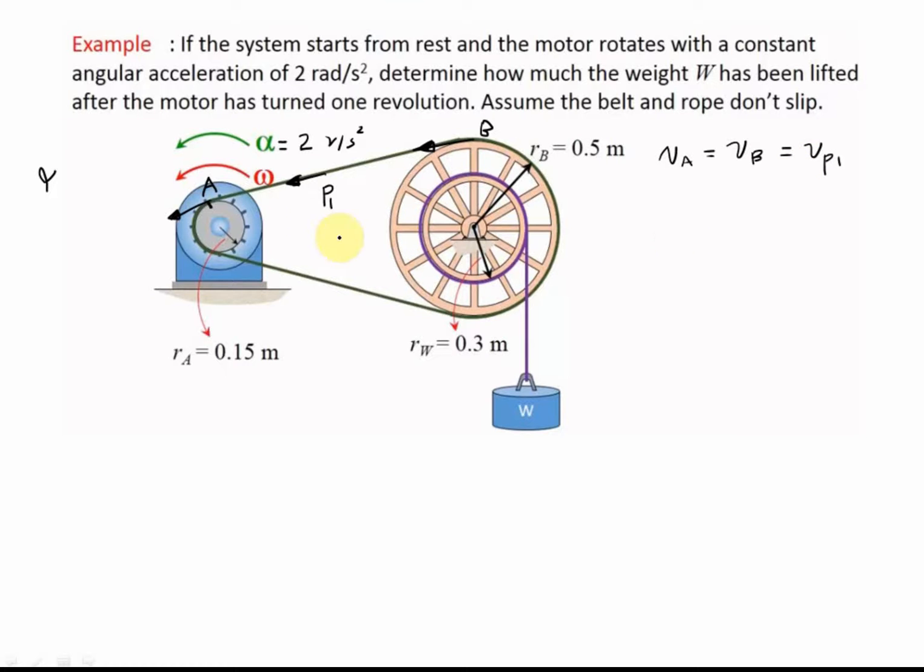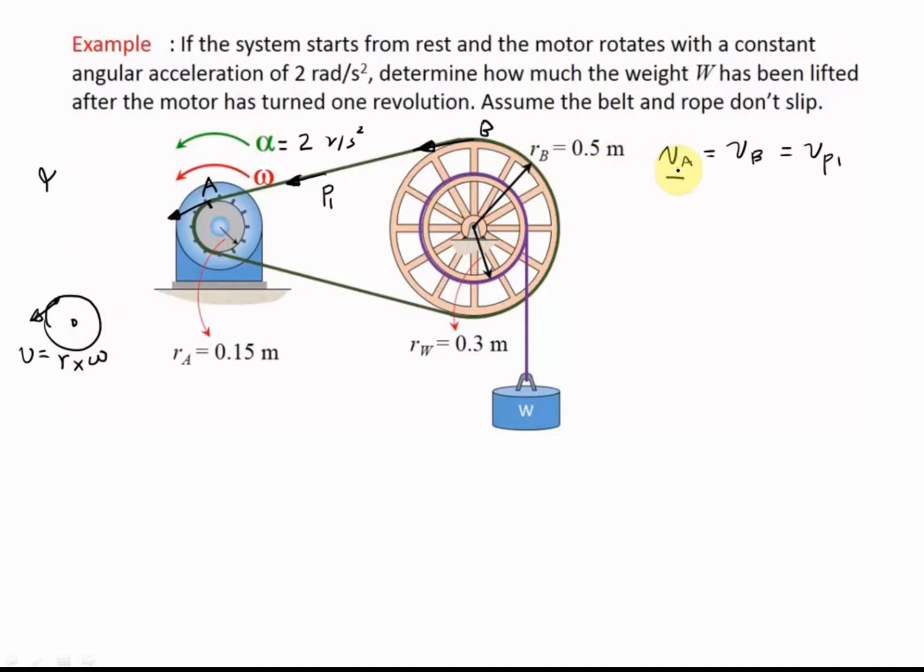And then what is VA? The velocity of A is rotating about the axis of the motor. When a circle is rotating, the velocity on the edge is determined by r times omega, which is the angular velocity of that rotating disk.